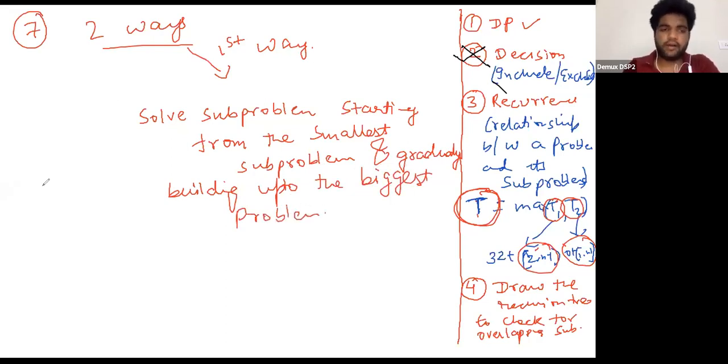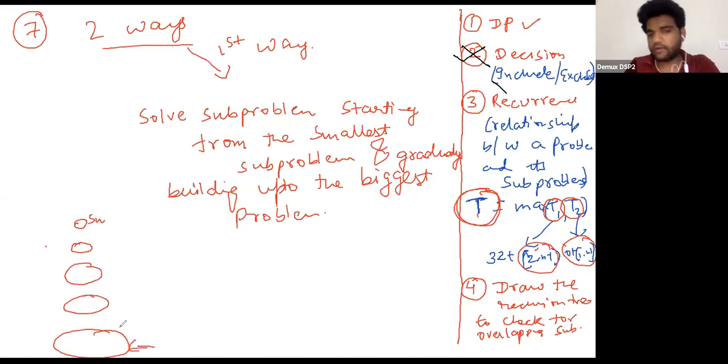I will solve the smallest problem, then a problem which is one bigger than the smallest, then one bigger than the previous problem, and so on. So I will solve problems starting from the smallest to the biggest. Finally, when I am here, I would have solved the original problem. This is the order that I want to use to solve the actual problem.